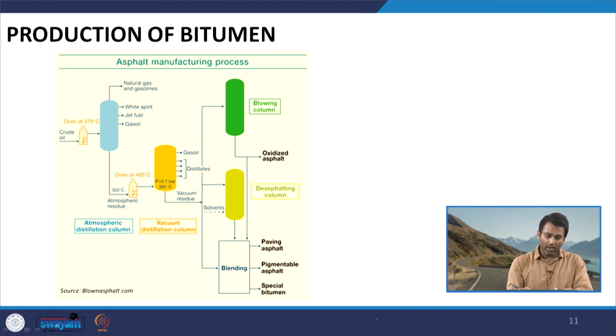In the fractionating column which you see here, the crude oil is introduced in the lower part of the column and is heated to approximately 350 to 380 degrees Celsius and subjected to a pressure which is a little higher than atmospheric pressure.